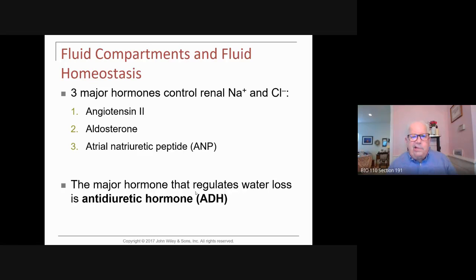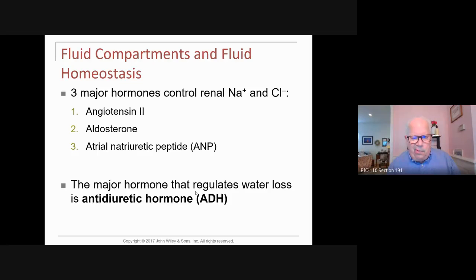Angiotensin 2 is a powerful blood pressure riser. Angiotensin 2 constricts arteries to raise your blood pressure. Angiotensin 2 stimulates the adrenal cortex to produce the hormone aldosterone.